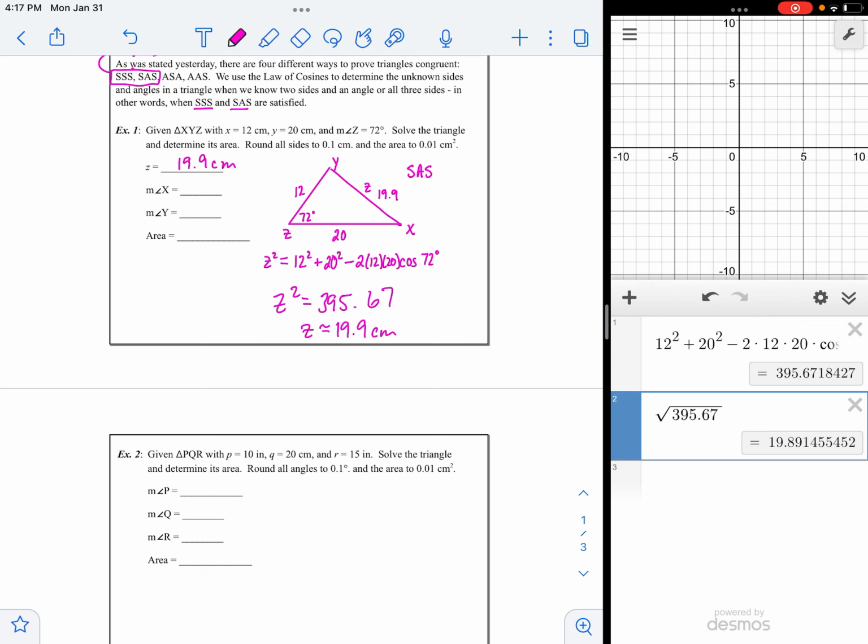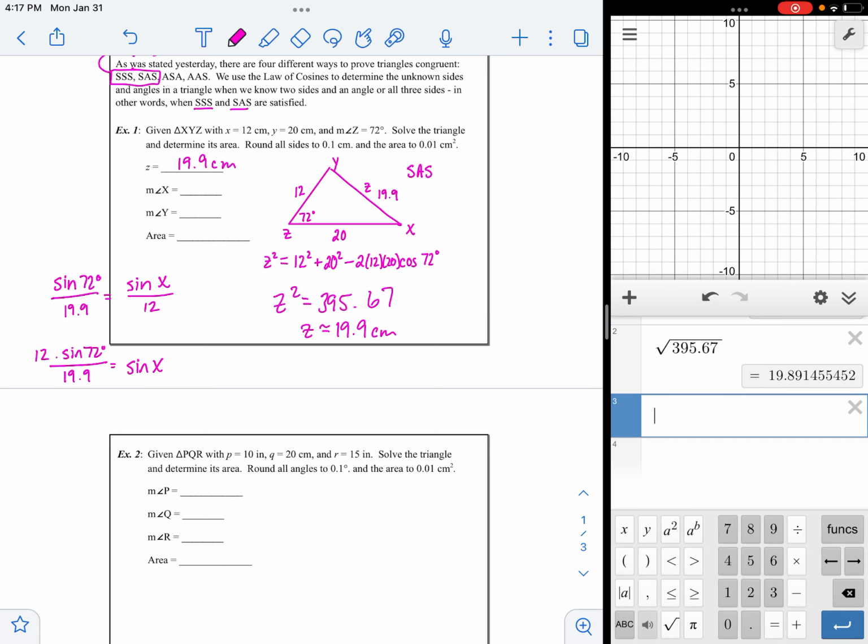So now it's just right back to, oh, well, the sine of 72 divided by 19.9 would equal the sine of x divided by 12, right? And so then if I just multiply that 12 over, I'm going to have 12 sine of 72 over 19.9 equals the sine of x.